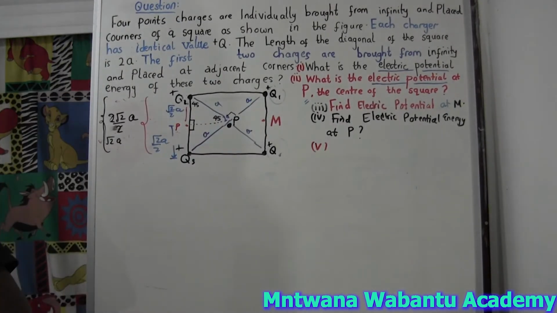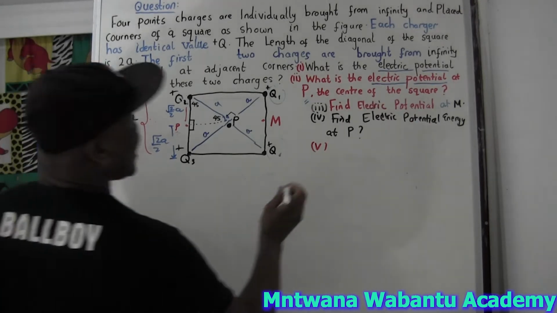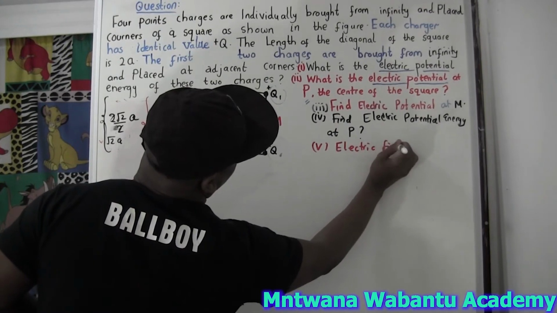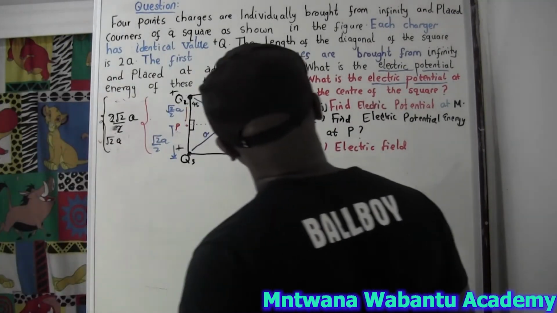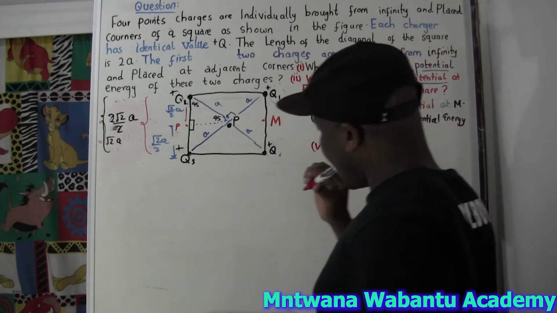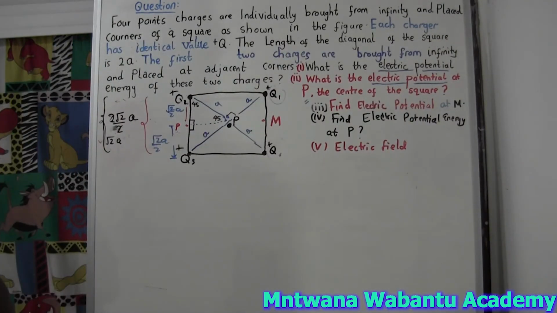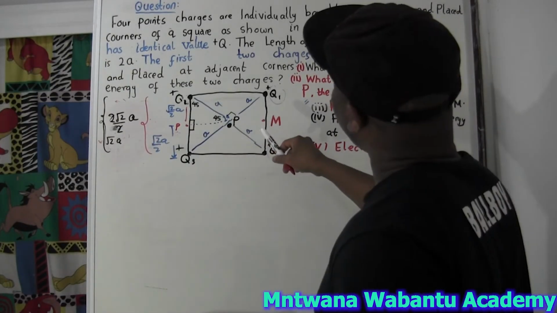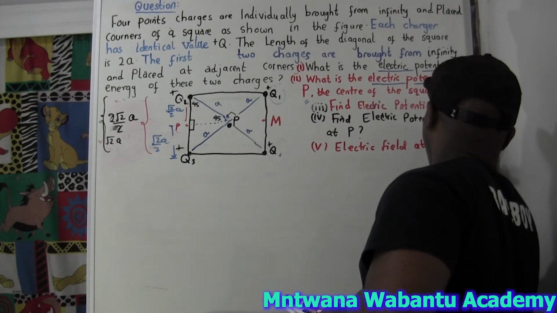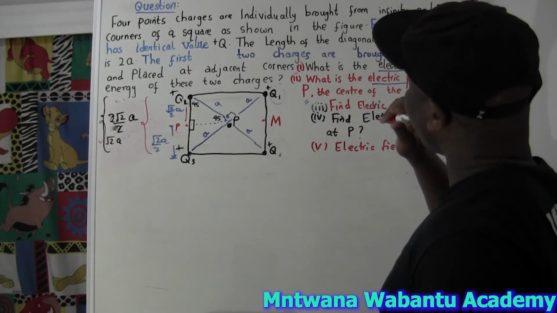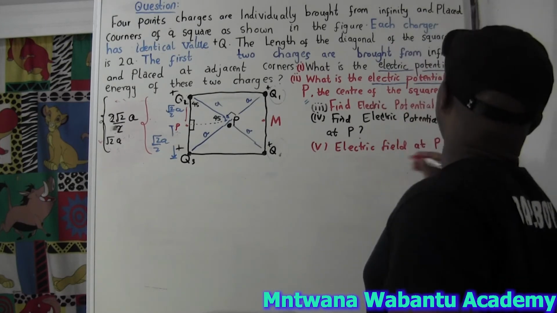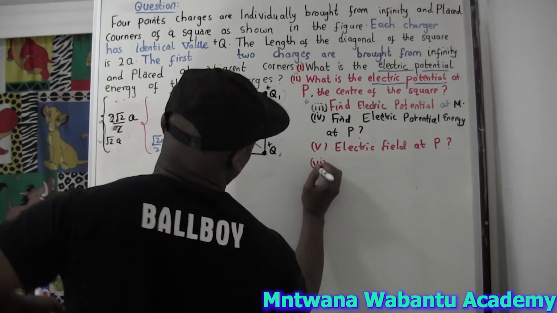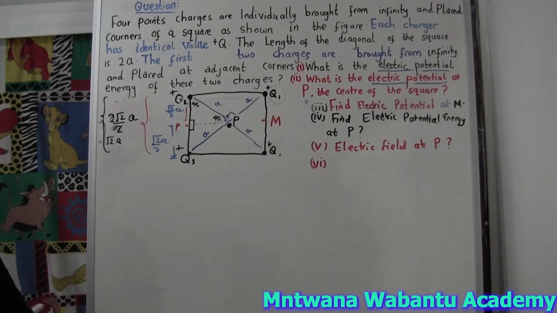Let's say find electric field at M. Find electric field at P. Yeah, find the electric field at P. And then number 6, I'm trying to think.